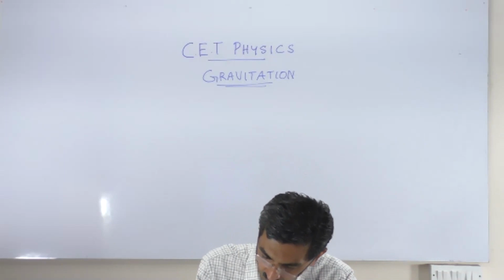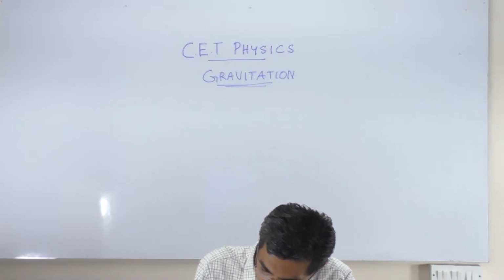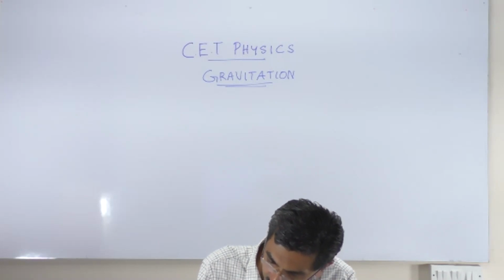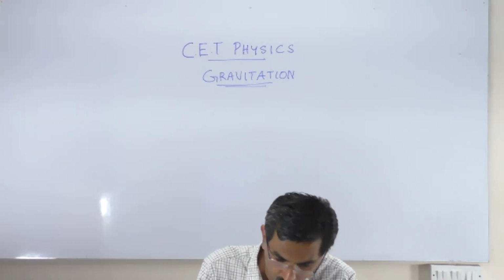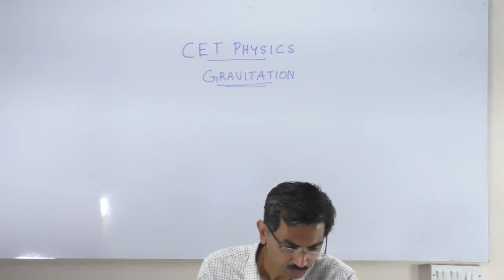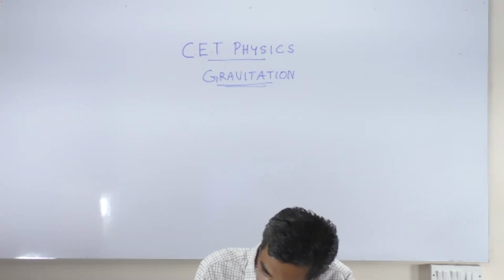Now, if it has lost some of its energy, remember the question says that it has lost some of its energy, then if you look at this expression, you will realize that R has decreased.